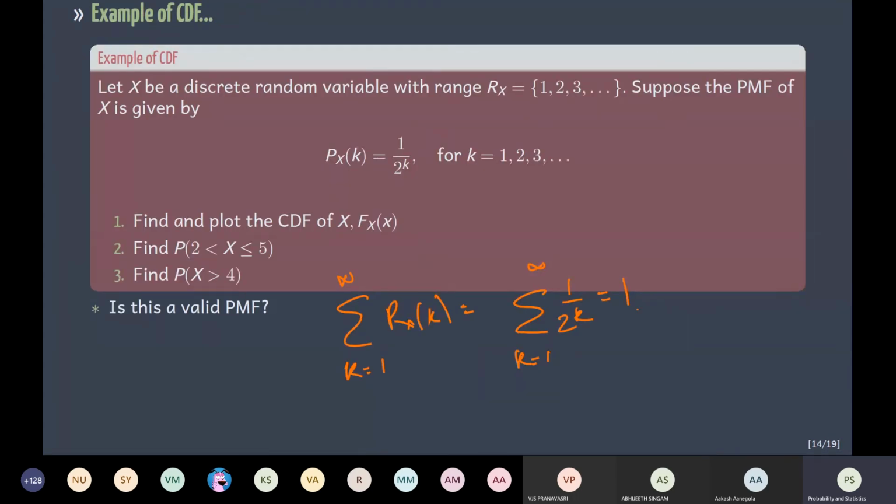And what is the next question? Find the probability that X is greater than 2 and less than or equal to 5. So let us do that. The probability that 2 is less than X less than or equal to 5, and we can use the previous result. So this is F_X(5) minus F_X(2). We derived this result.